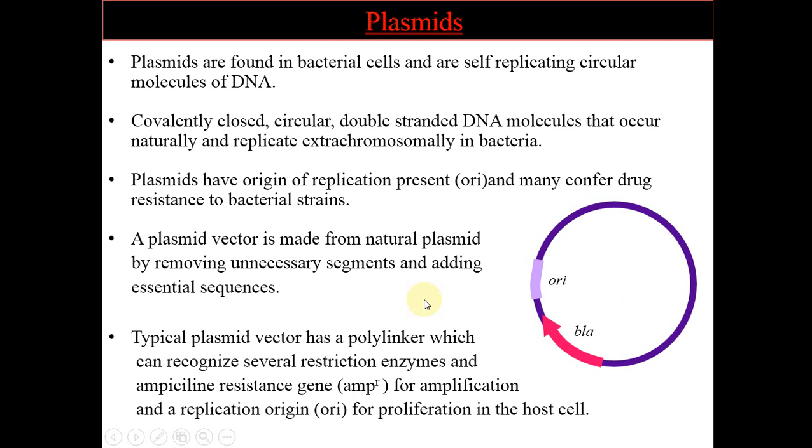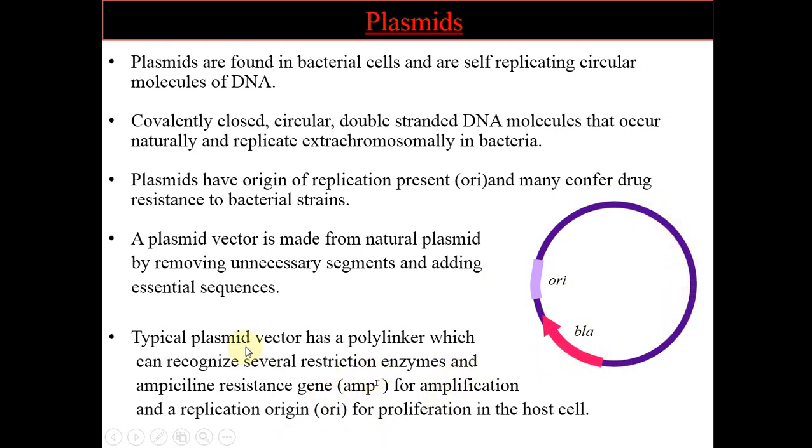Bacterial plasmids are extracted, cut open to remove unnecessary segments, and extra sequences required for transformation and production of a protein from the gene of interest are added or attached to the plasmid, and then the artificial vector is formed.